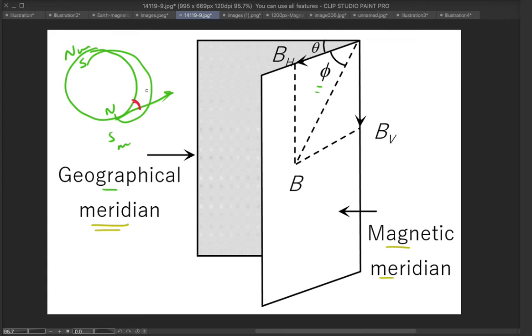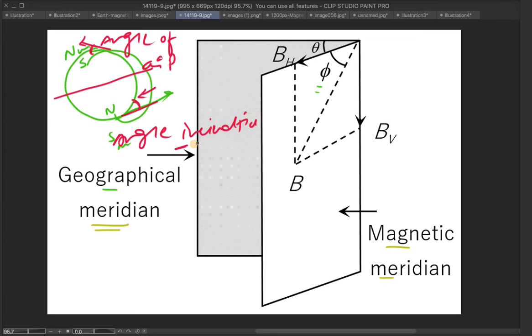This angle is called the angle of inclination, and there is one more angle over here that is called the angle of dip. So above the surface, this angle is called the angle of dip, and downward it is called the angle of inclination.